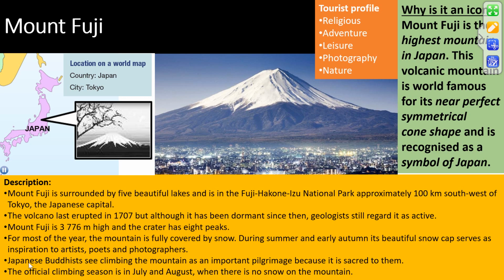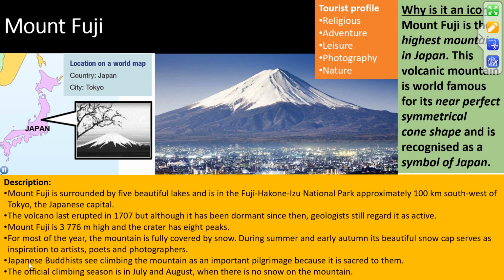The reason why Mount Fuji is regarded as an icon, it is the highest mountain in Japan. It has a near perfect symmetrical cone shape and is regarded as a symbol of Japan. This is actually a volcanic mountain, but more about that in a few seconds.